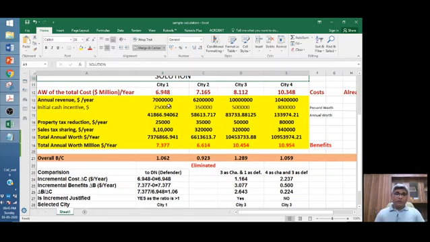In this case, we have another situation, which we call DN, if we don't install the project in any one of the cities. So while making the comparison for city 1, we are basically comparing the DN condition with city 1.